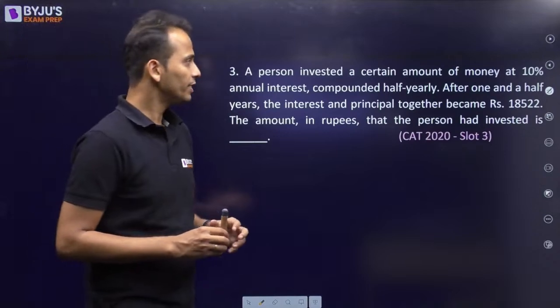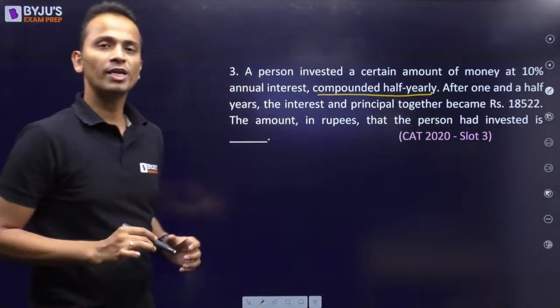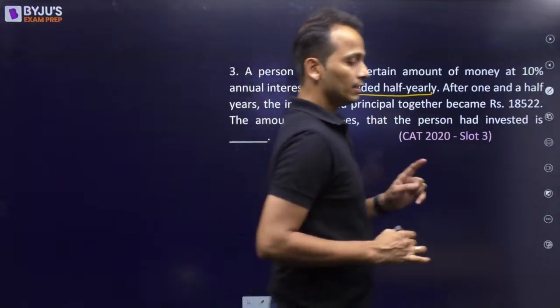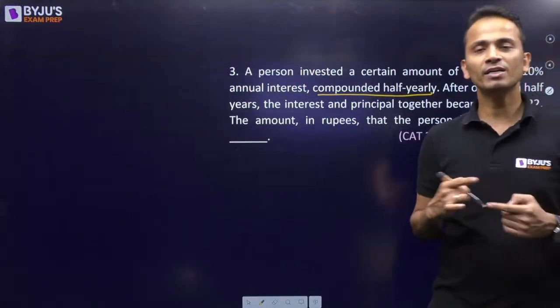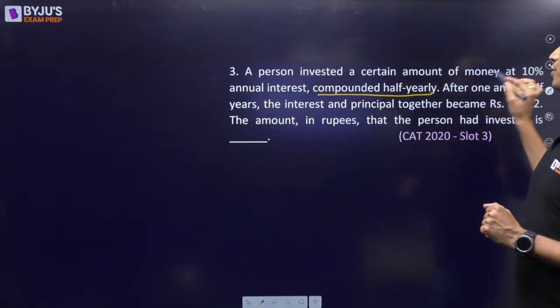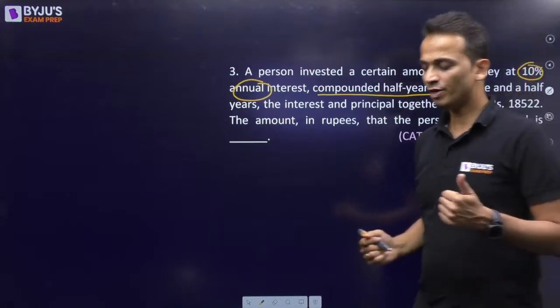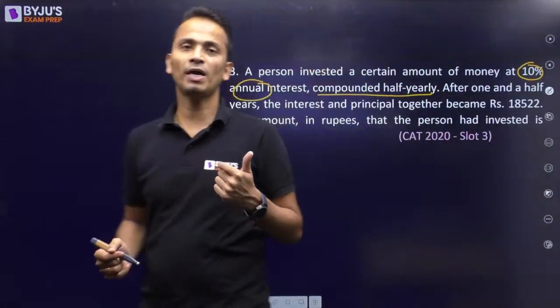चलिए solve करें. Now it is given that the interest is compounded half yearly. That means the calculations will be done after every half a year, 6 months, where rate of interest is given as 10% per annum. Now rate of interest is 10% per annum, but we need the rate of interest for half a year.